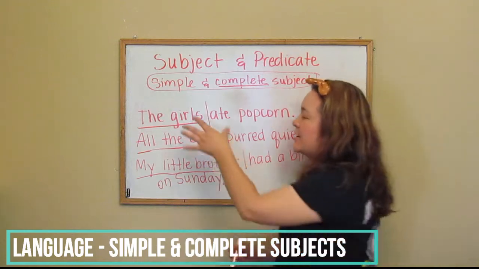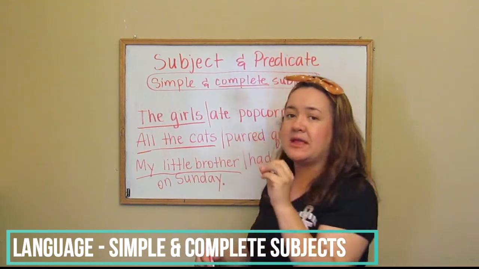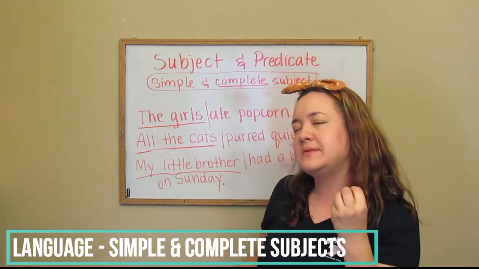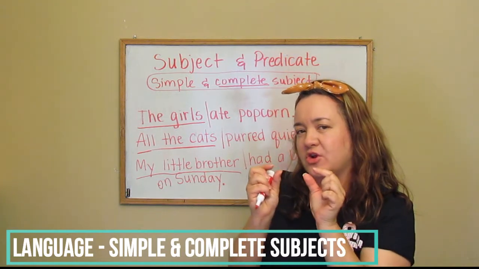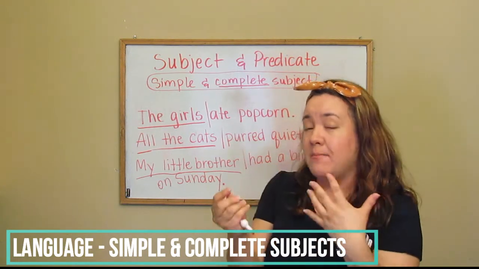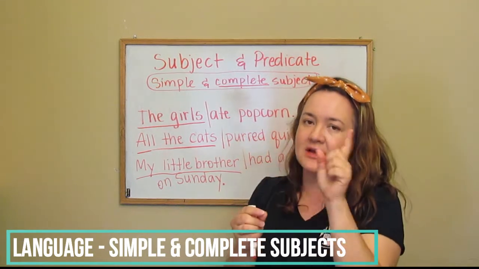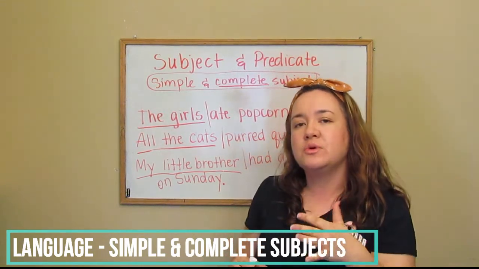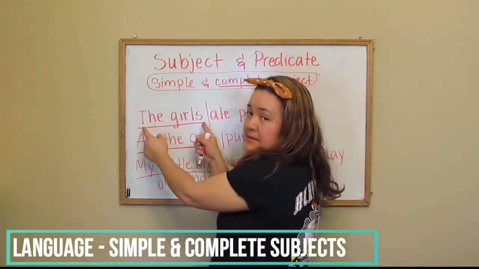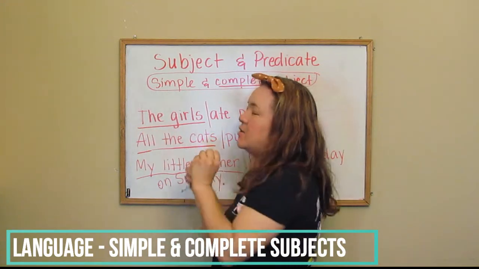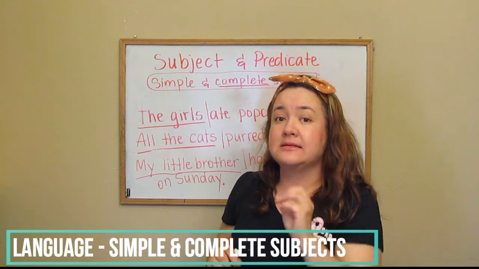And then in our complete subject, I'm going to pick out the one word. Sometimes it's two words, if they're two words that are like a compound word, like school bus, where they're technically two words, but it counts as one word. One or two words in the complete subject is the subject of the sentence.